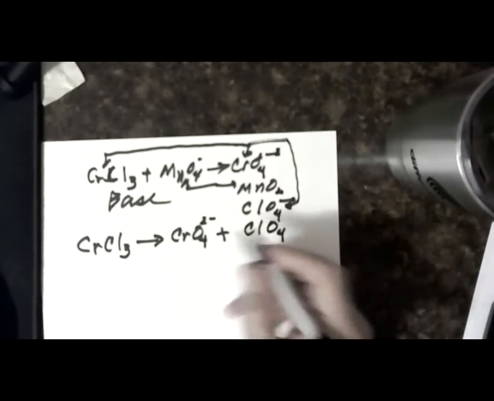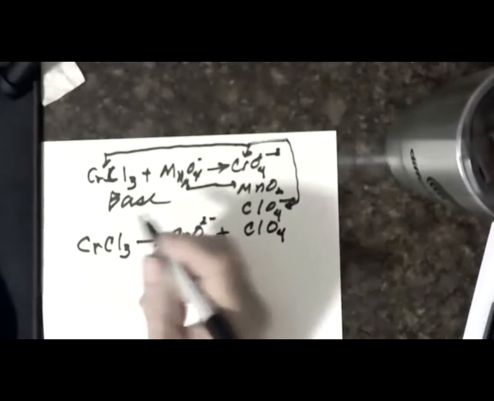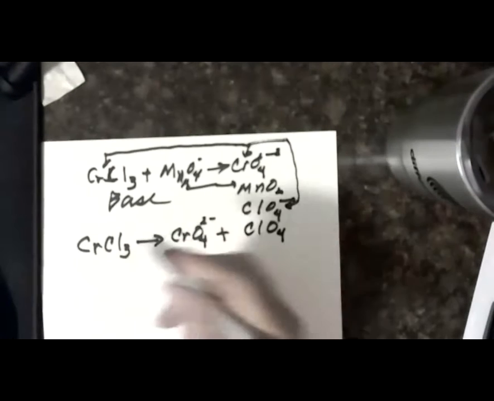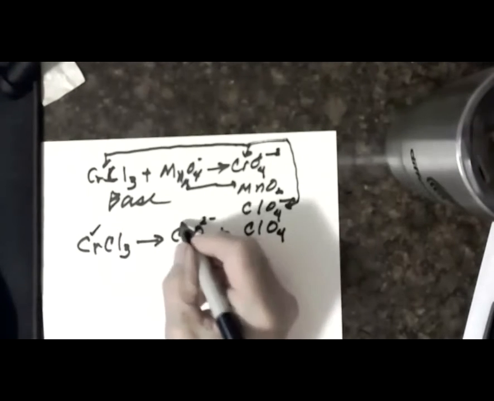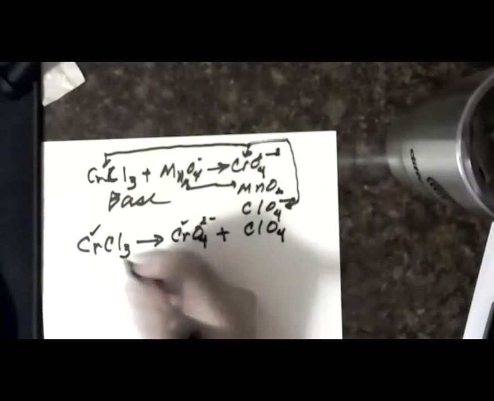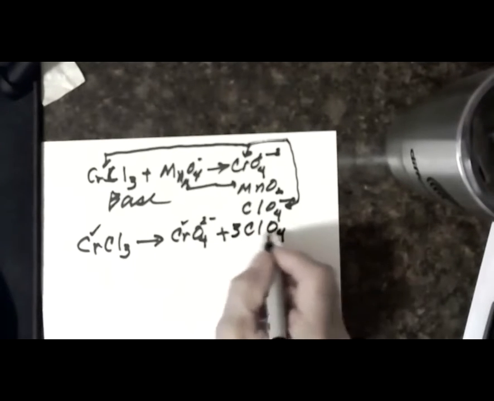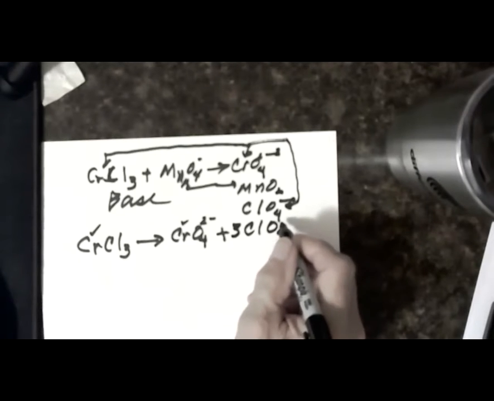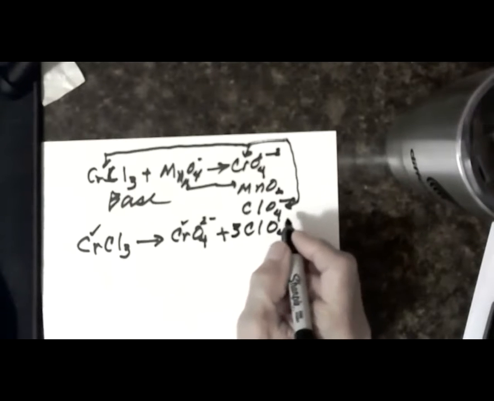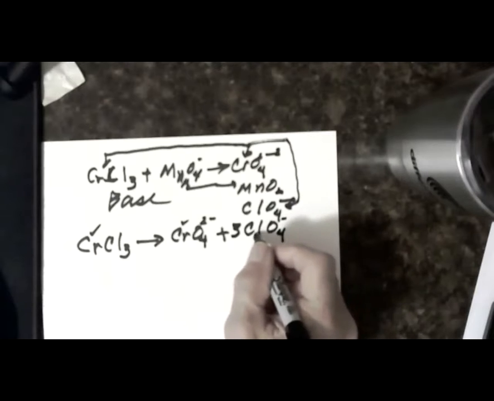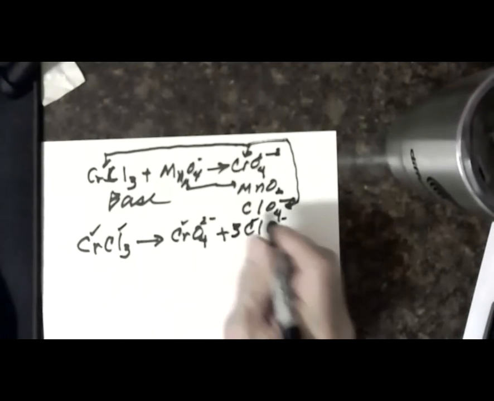Okay, now what we have to do is first balance the atoms that aren't oxygen or hydrogen. Well, chromium is already balanced there. Chlorine is not. So I need 3 chlorines or 3 perchlorate ions to balance chlorine. So now chlorine is balanced.